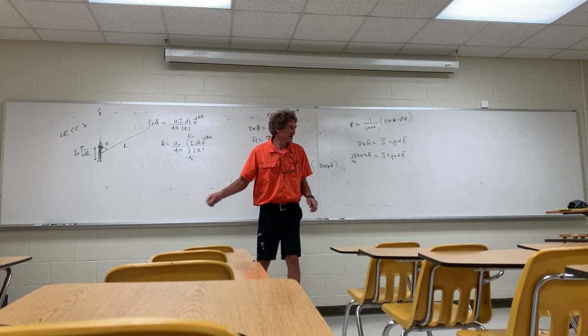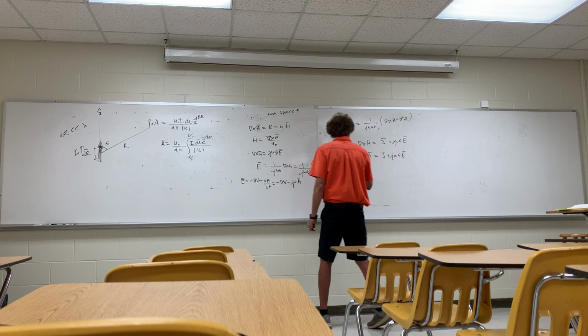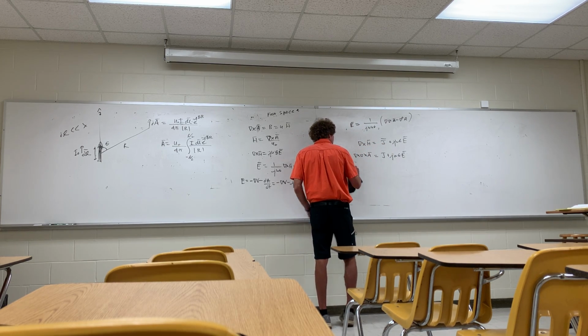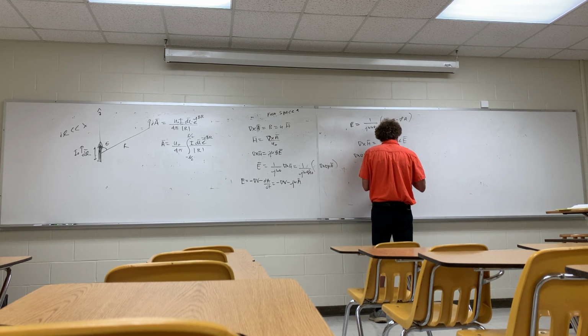Now, I'm going to do this. You don't need to write this down, but I'm going to at least let you see this. If I multiply both sides by mu naught here, you get this. This is a very classic equation, by the way.